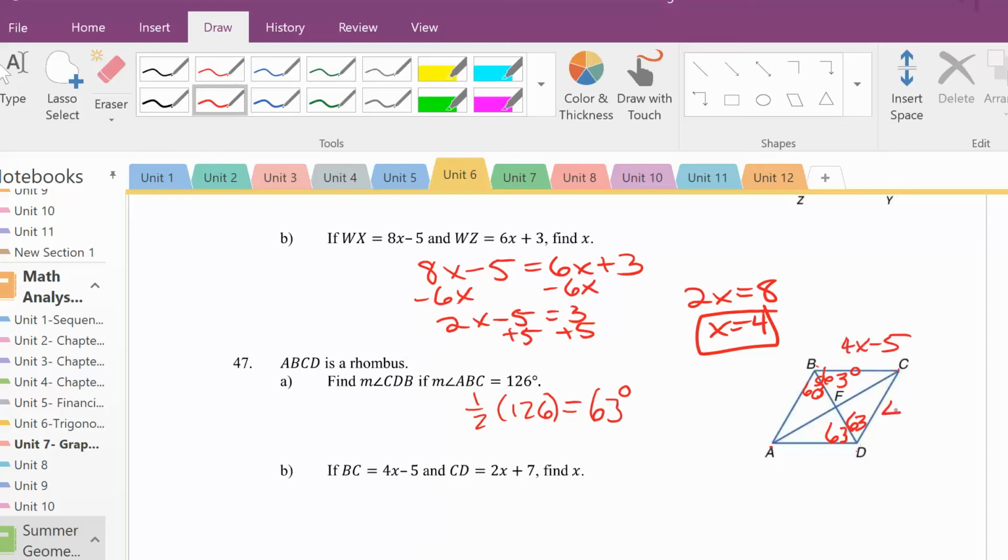CD is also 2x plus 7. And remember, all sides are equal, so 4x minus 5 equals 2x plus 7. And then you add 5. So 2x equals 12, x equals 6.